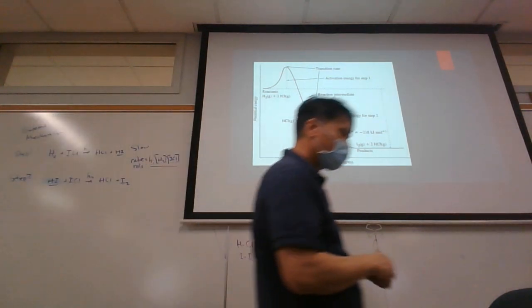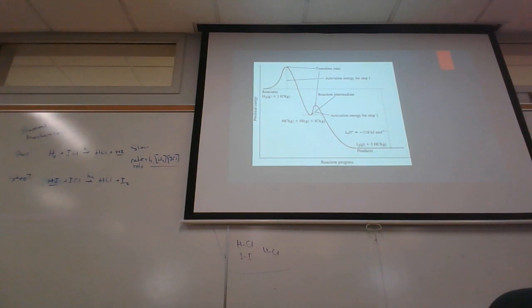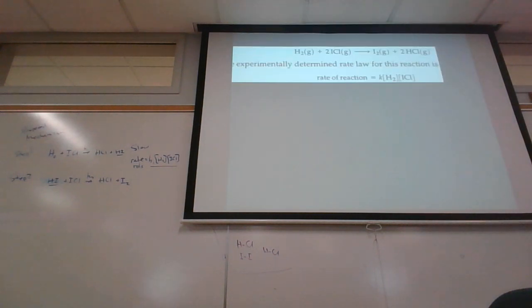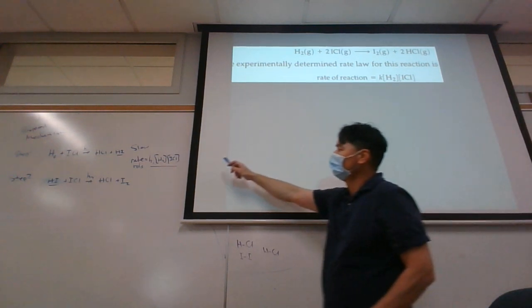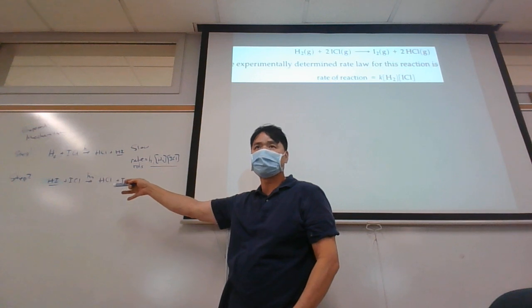When we measure the rate from experiment, we get the same rate law. So the experimentally determined rate law matches the rate law that we got from the mechanism, the hidden steps of this.